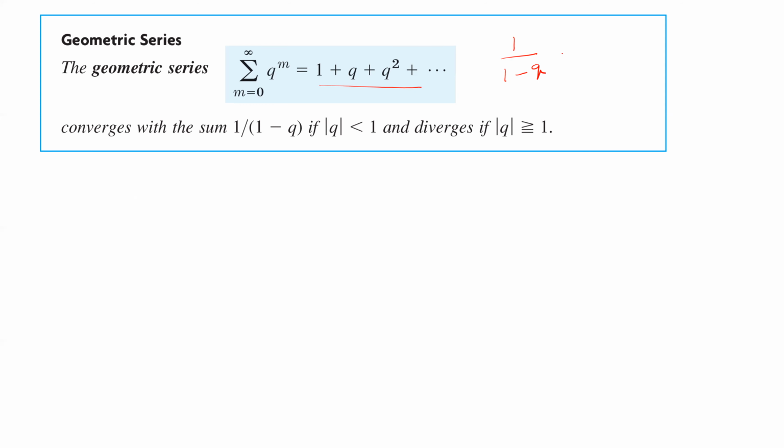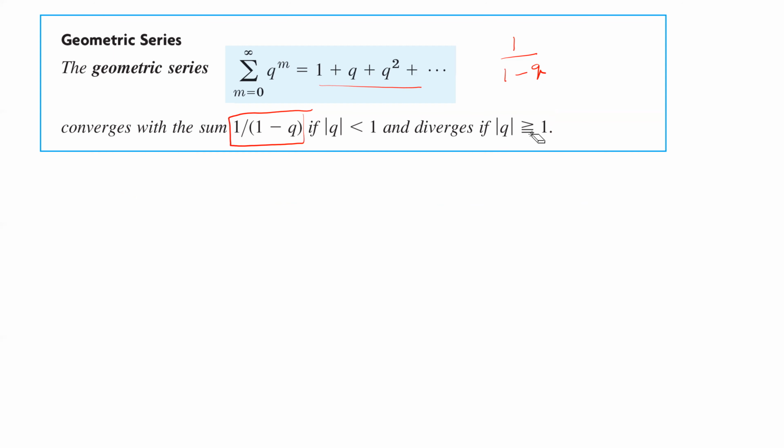If q is larger than 1, this is divergent. In the complex numbers it is the same. If absolute value of q is less than 1, this is convergent and converges to this number. If absolute value of q is 1 or greater than 1, this diverges.